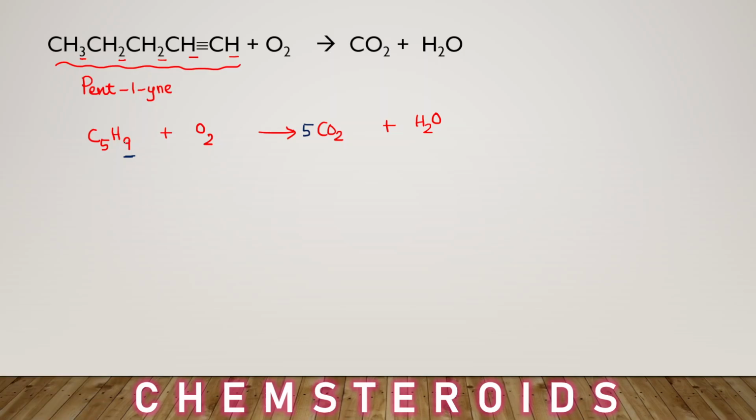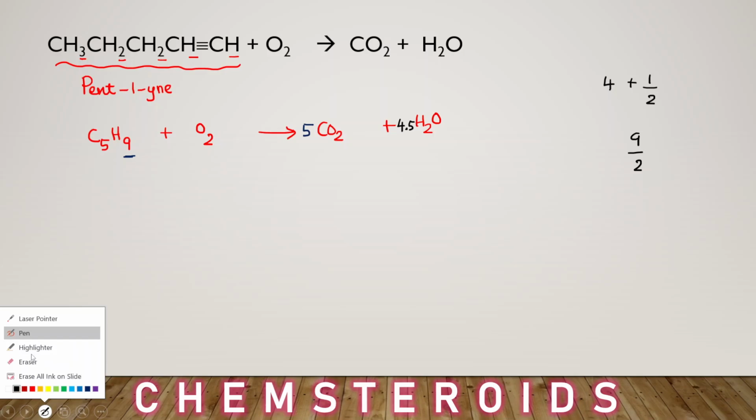Over here you got 9 and half of it is going to be 4.5. How do you write 4.5? 4 plus 1 by 2. So that's going to be 9 by 2. So I can write either 4.5 or 9 by 2. Let me write 9 by 2 for your understanding.